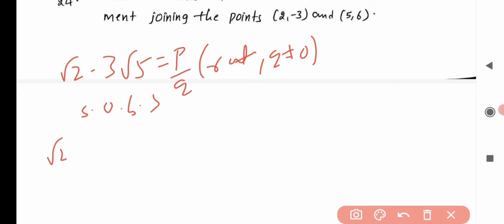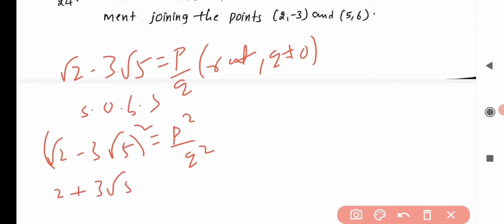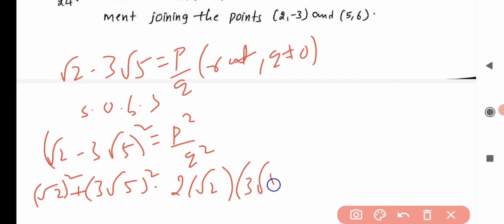So root 2 minus 3 root 5 whole square equals p square by q square. So (a minus b) whole square means a square plus b square minus 2ab. So a square means root 2 whole square, that is 2. Square root cancels, 2 plus b square. Here b means 3 root 5 whole square. This one also directly, whole square. So minus 2ab, 2 into root 2 into 3 root 5 equals p square by q square.